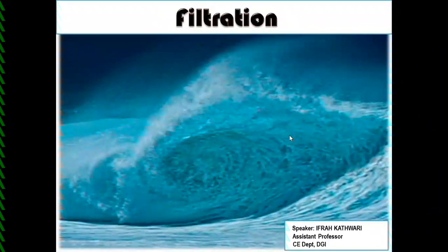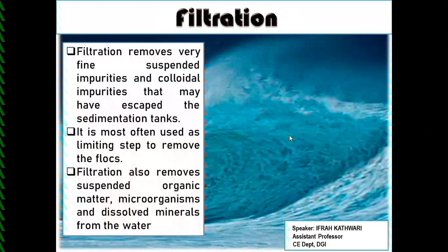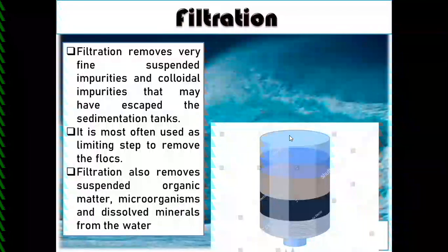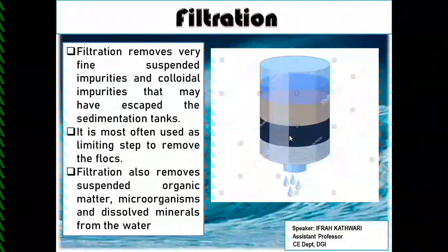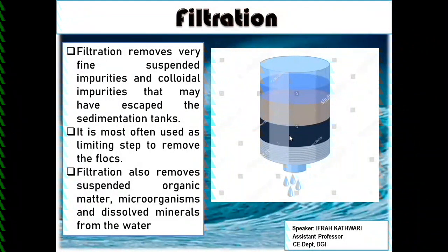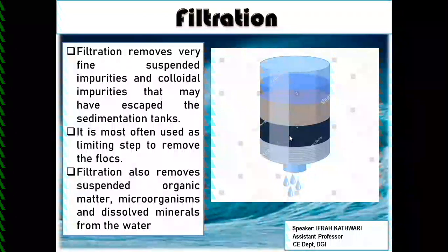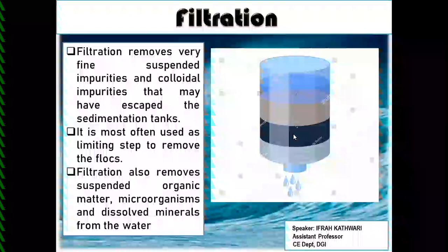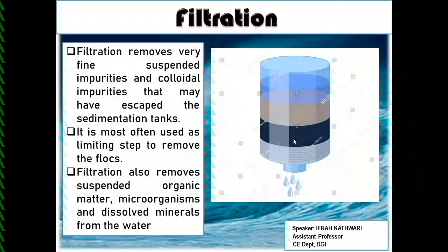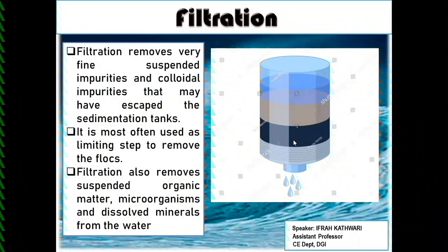Now coming to the filtration part. Very fine particles, or some of the flocks that may have escaped the flocculation tank, and colloidal impurities, may escape the sedimentation tank and the flocculation and coagulation process. What will happen to these particles? They will come to the filtration tank and enter the filtration process.